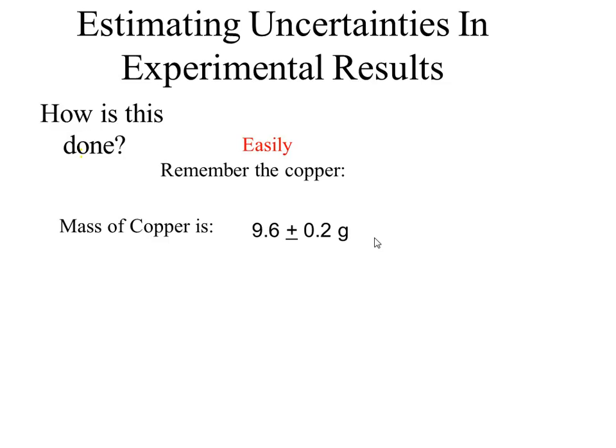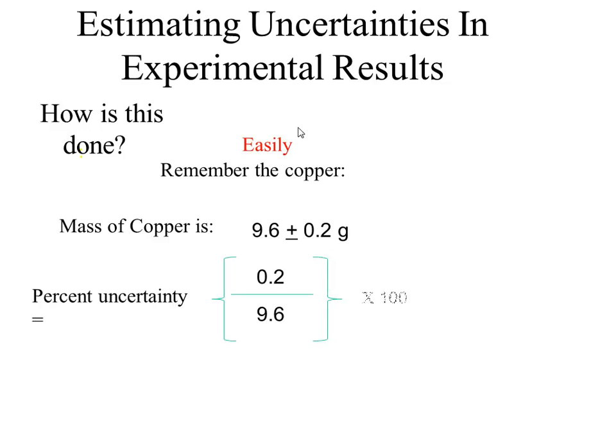Let's say the mass of the copper is 9.6 plus or minus 0.2. Our percent uncertainty is just going to be the uncertainty divided by the measurement times 100%. Okay? Do you guys see where that came from? The 0.2 is the uncertainty. The 9.6 is the measurement. So it's what percent the uncertainty is of the measurement.